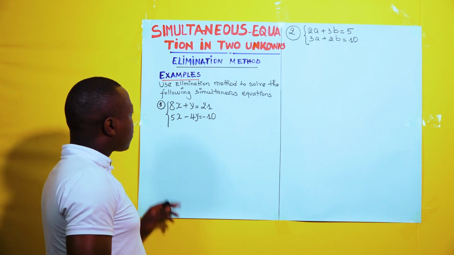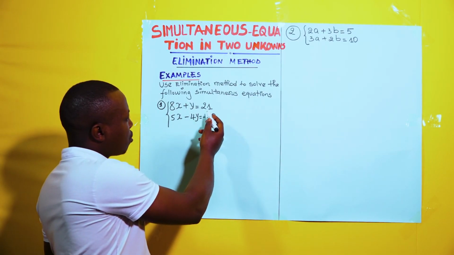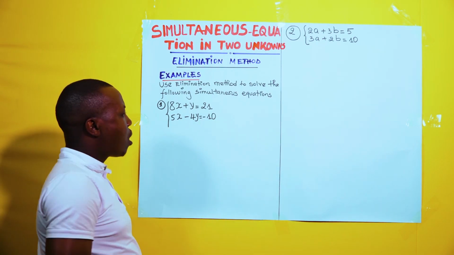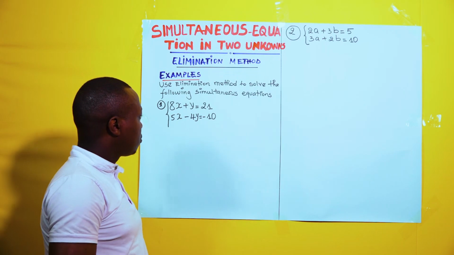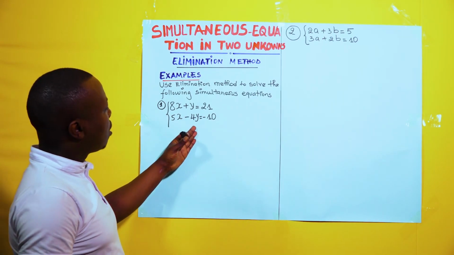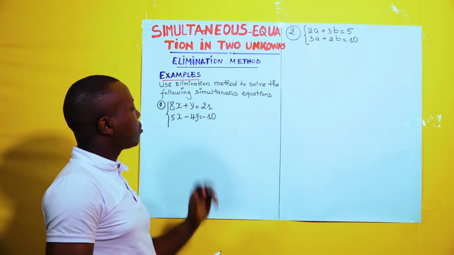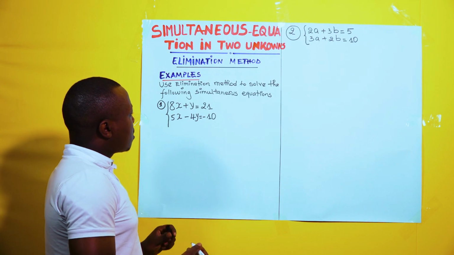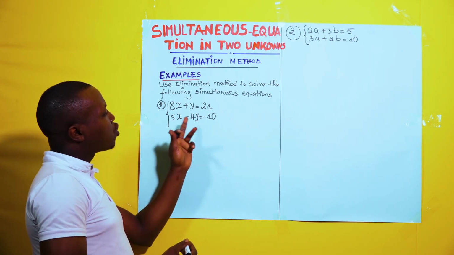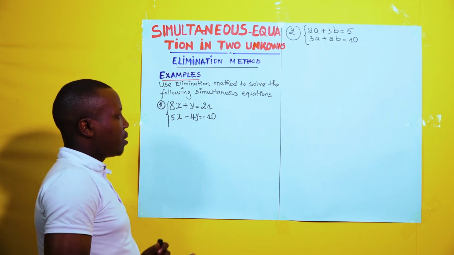Number one, we have 8x plus y equals 21, and 5x minus 4y equals negative 10. So how can you solve such a system? Remember, the method that we are going to use is the elimination method. In this system, we want to eliminate one of these two variables, x or y.